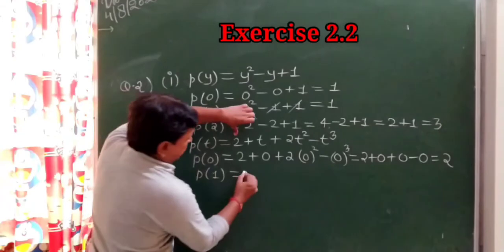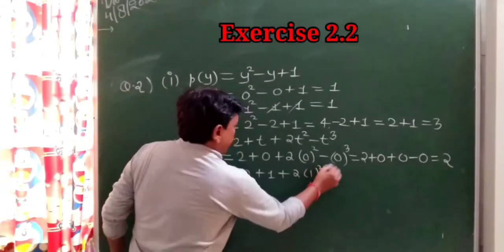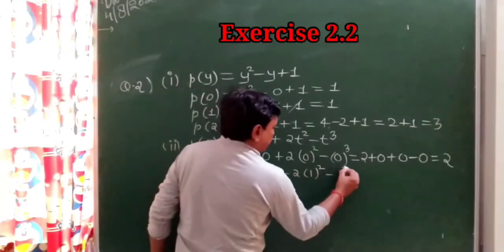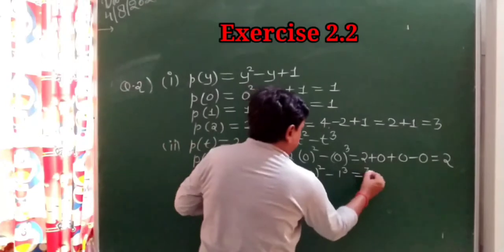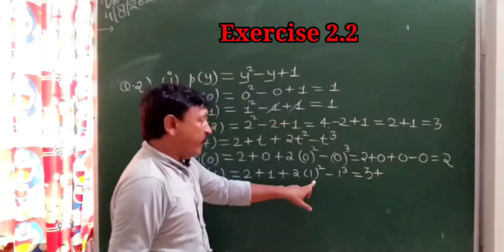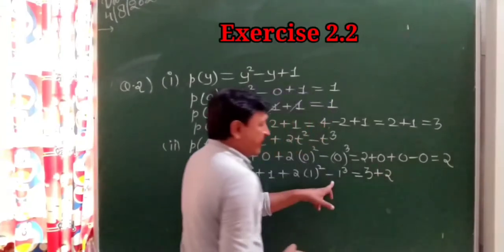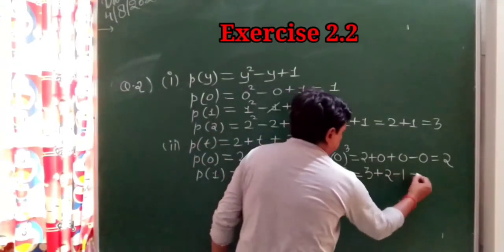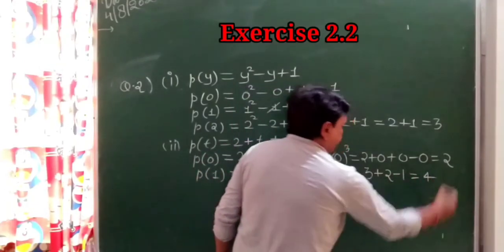So substitute it: 2 plus 1 plus 2 into 1 square minus 1 cube. Okay, 2 plus 1 will become 3, plus 1 square means 1, and 2 into 1 will become 2, minus 1 cube means minus 1. 3 plus 2 is 5, 5 minus 1, the answer will come 4.